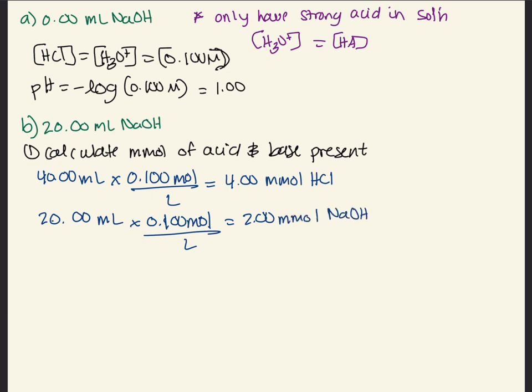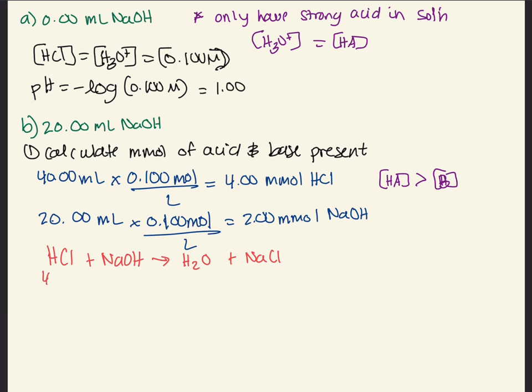Now here I can see that I have more acid than base. So the concentration of my acid is going to be greater than the concentration of my base. But realize it's not going to be equal to what it was before. So I have to look at my neutralization reaction. So I'm going to have the reaction between HCl and sodium hydroxide, which will yield water and sodium chloride, which I know is a neutral salt.